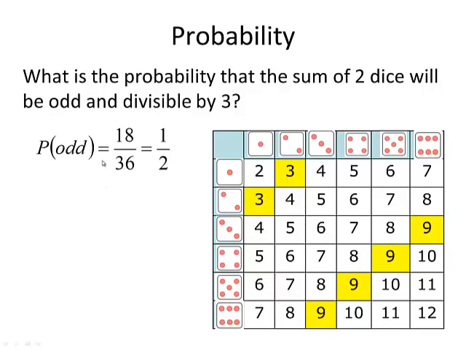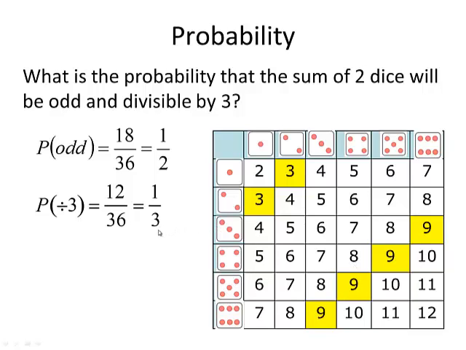So how you can actually come up with that is you take the probability of getting odds, which is a half. Half of these numbers are odd, 18 out of 36. And the numbers divisible by 3 are 12. There's 12 divisible by 3: 1, 2, 3, 4, 5, 6, 7, 8, 9, 10, 11, 12.